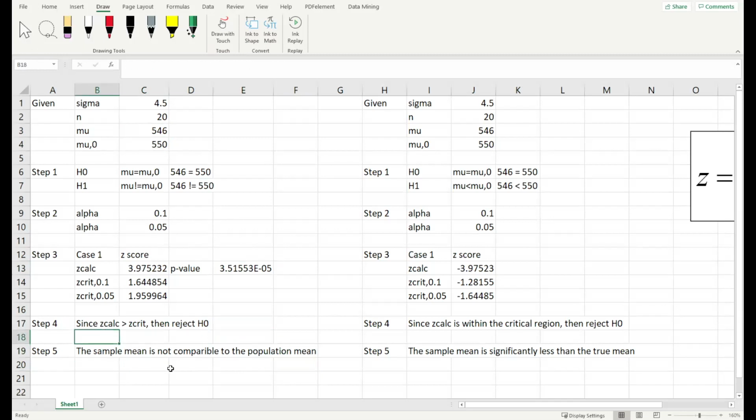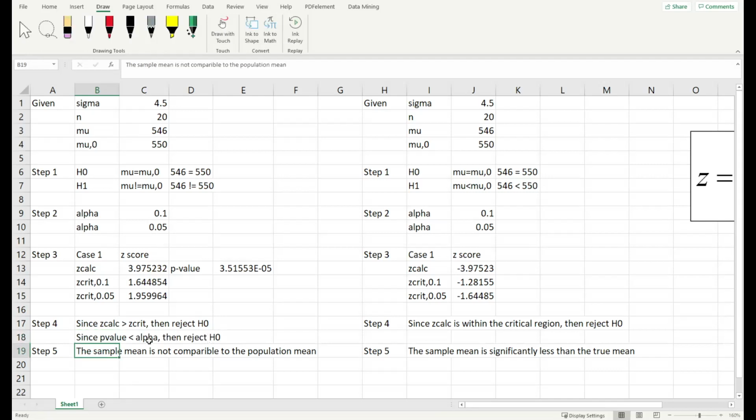Or another way of doing this, pwede ring ang conclusion nyo, if you do this p-value approach, hindi nyo na kailangan i-compute si critical values, no. Okay? So conclusion lang natin is, since p-value is less than alpha value, then we reject H naught.